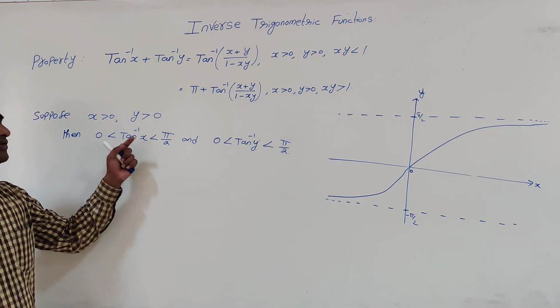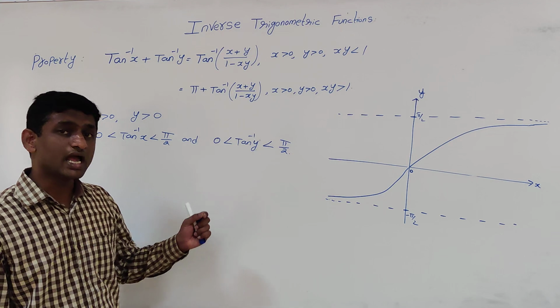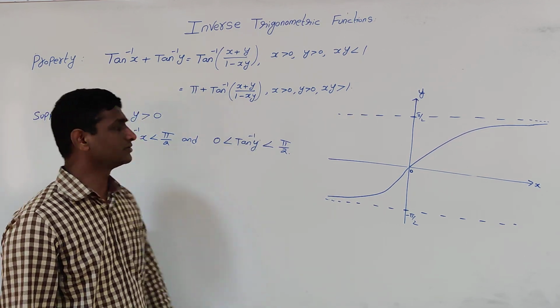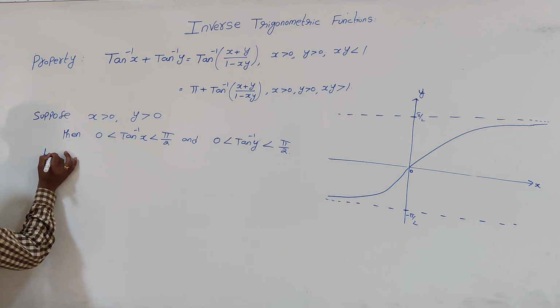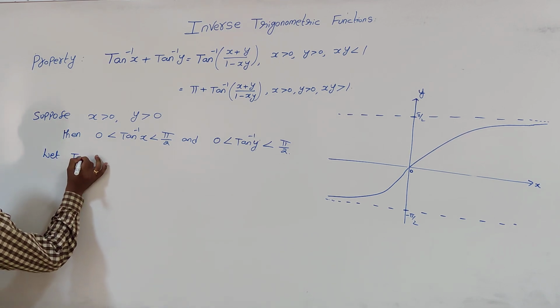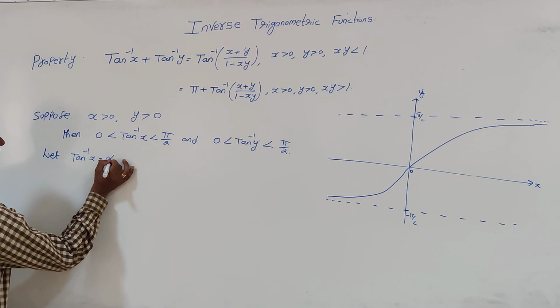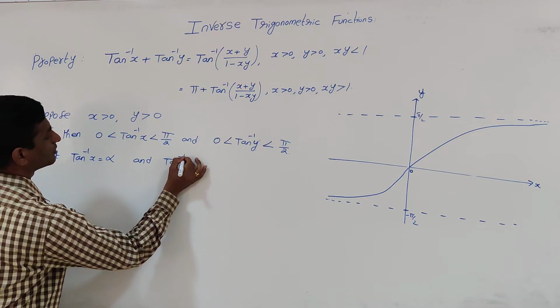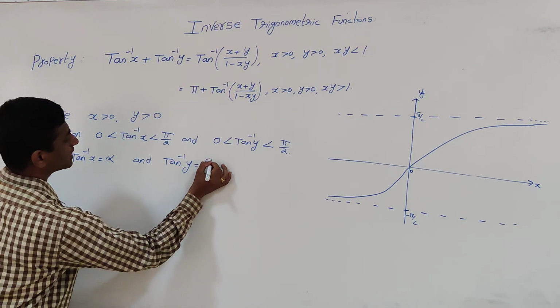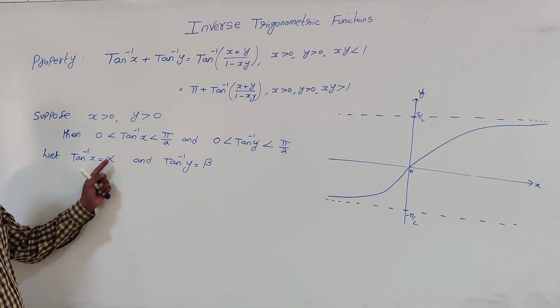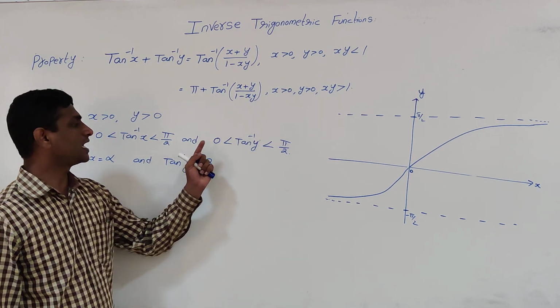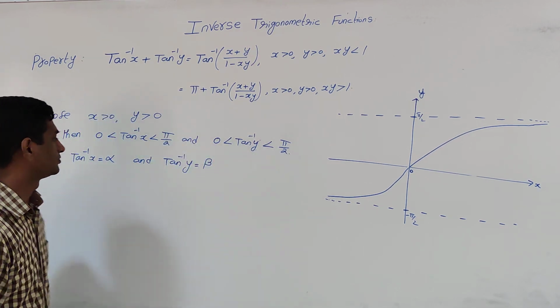So what is tan inverse of x? It is an angle. So assume that tan inverse of x is alpha, and tan inverse of y is some other angle beta. Now alpha lies between 0 to pi by 2 and beta, as an angle, also lies between 0 to pi by 2.